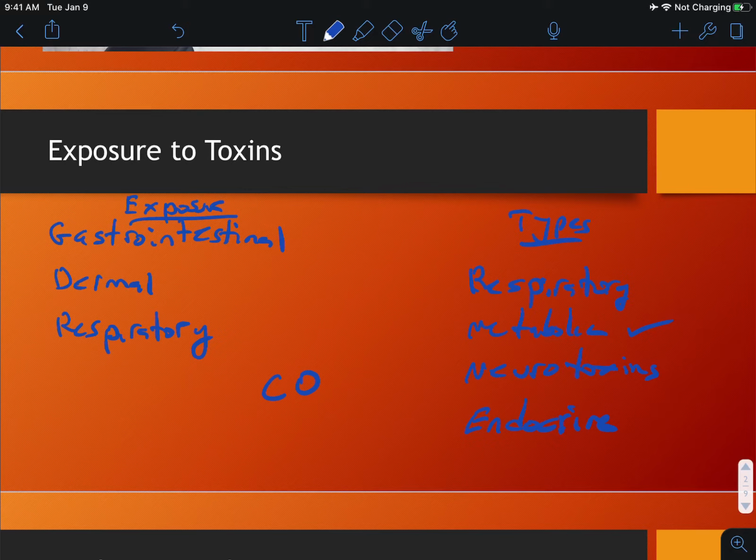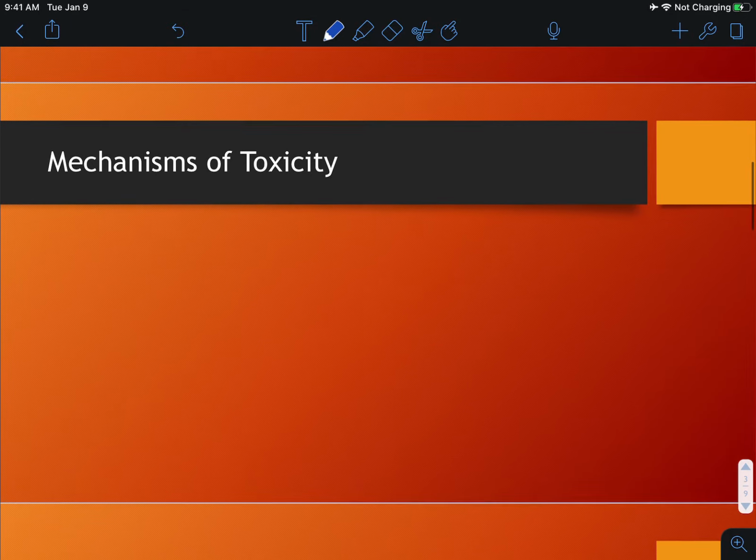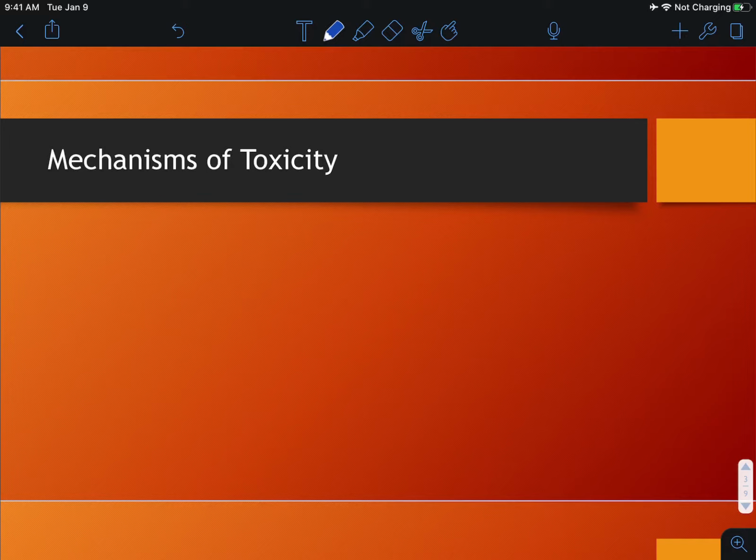We're not going to go into all the details and mechanisms, but I do want to point out a few simple mechanisms to you about how some of these toxins behave. It's just interesting, and it's good to get a feel for how they actually work. So one of the mechanisms I want to talk about, these would be metabolic toxins.